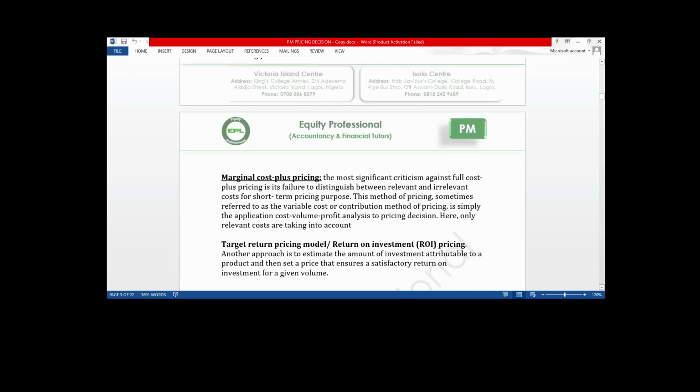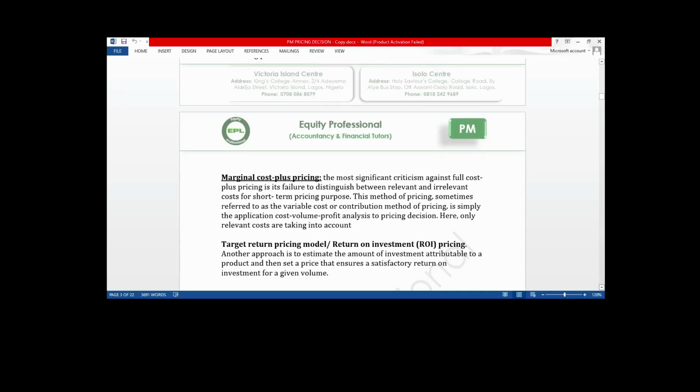For short-term decision making, that is number two method of calculating the selling price of a product, a company can decide to use marginal cost plus pricing method.